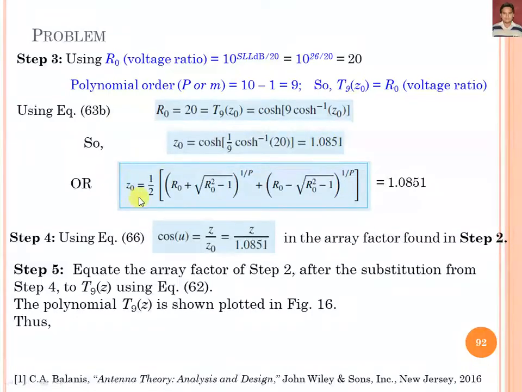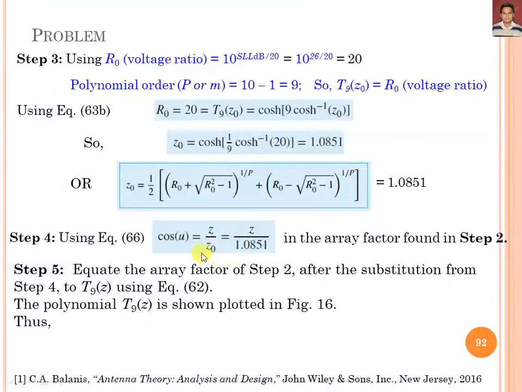The other method is that we can calculate Z naught by using R naught and the order of the polynomial P, and we get the value equal to 1.0851.